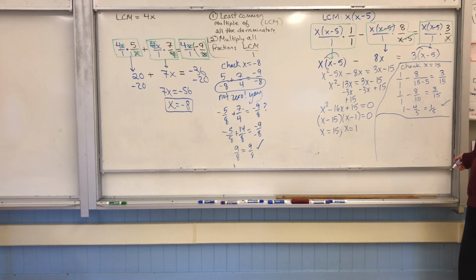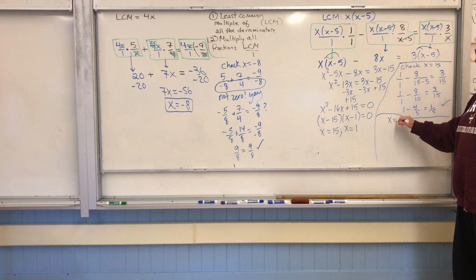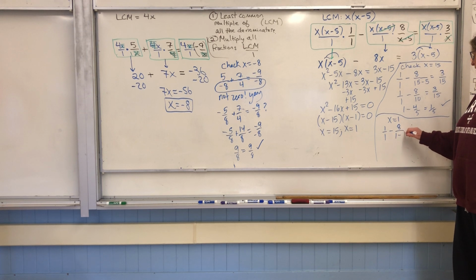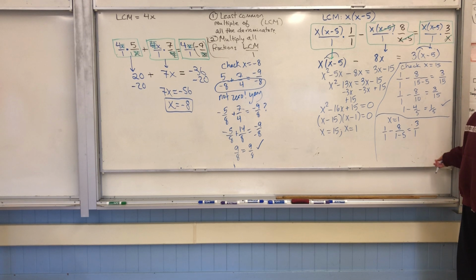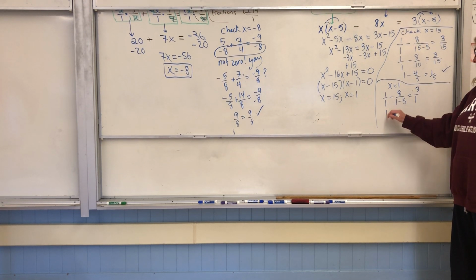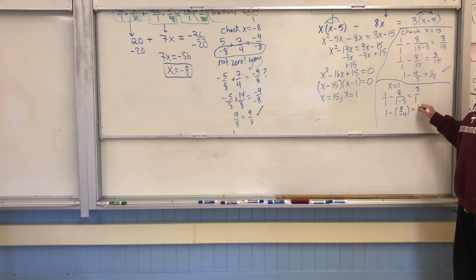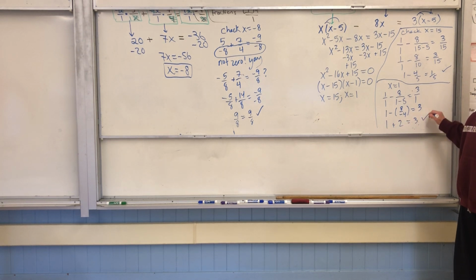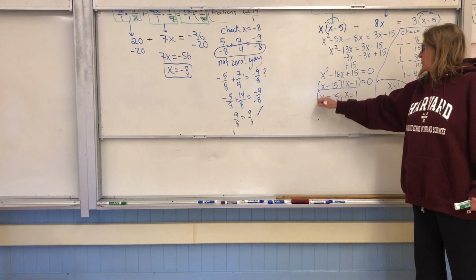Now let's check x equals 1. 1 over 1 minus 8 over 1 minus 5. Does that equal 3 over 1? I think it does. 1 minus 8 over negative 4. Does that equal 3? And yes, it does. So we're happy with both our answers here.